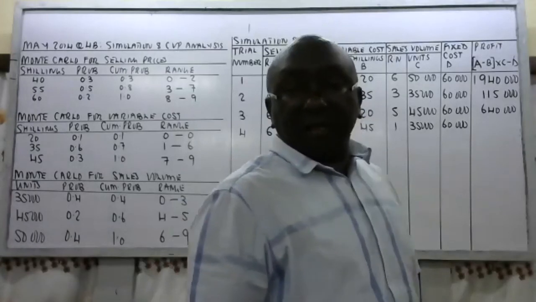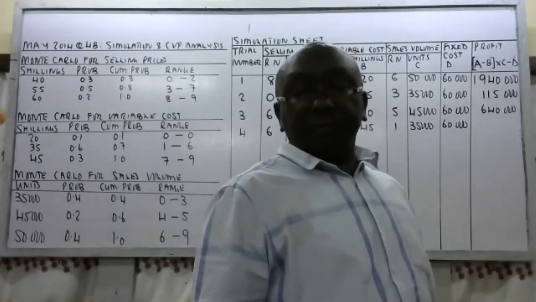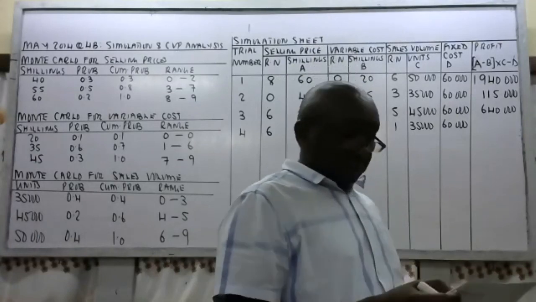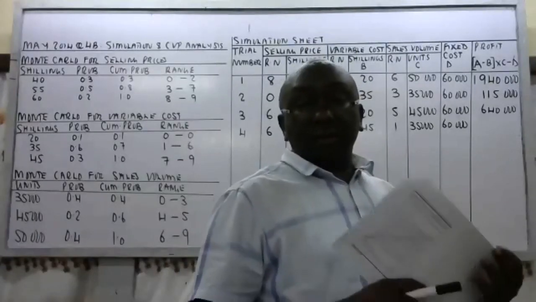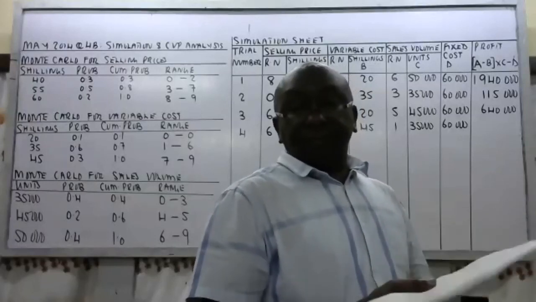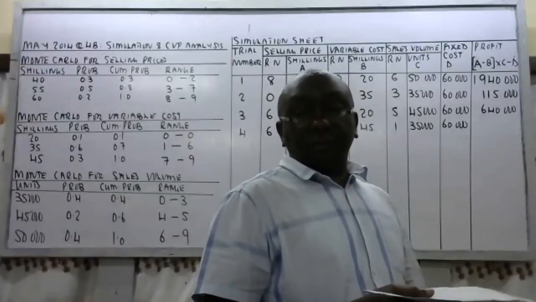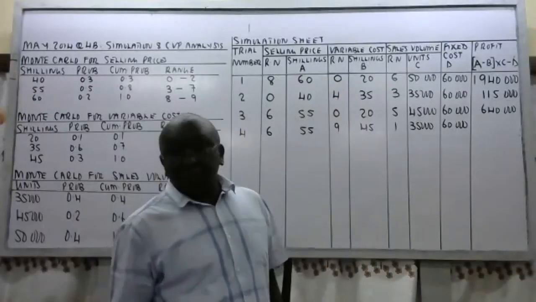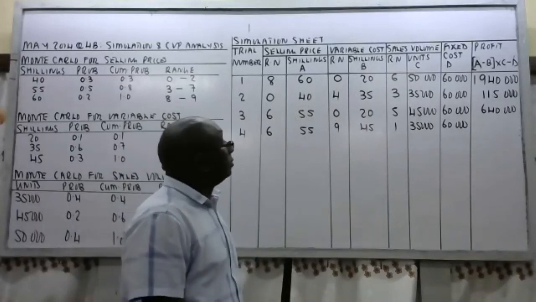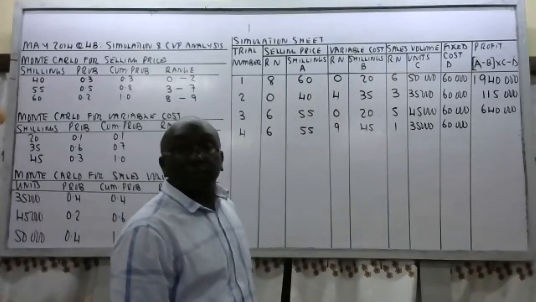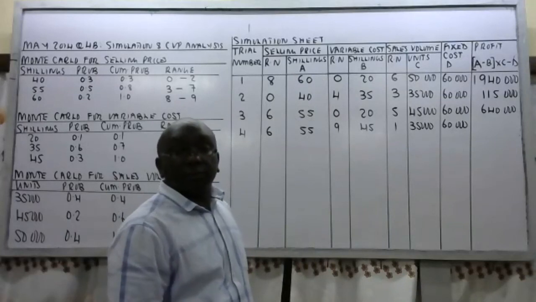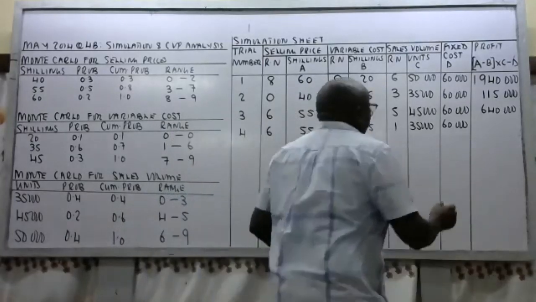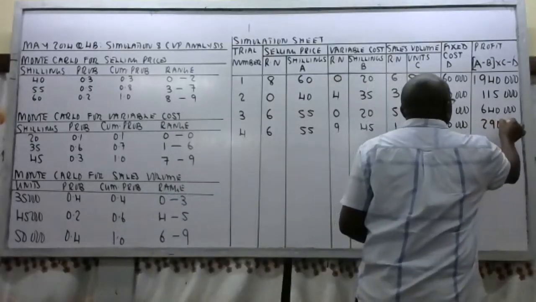Churchill says 290. Someone else to confirm? To 90,000 from Churchill.